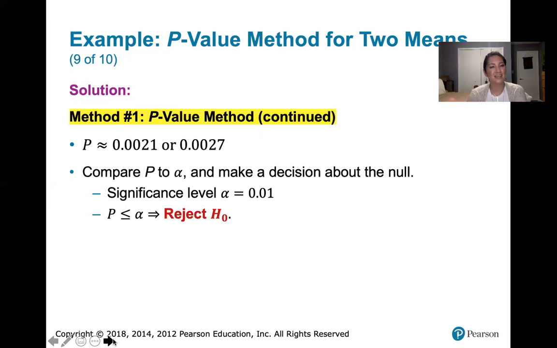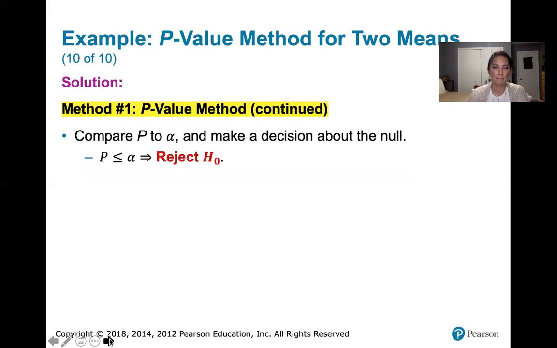So the chances of getting an x sub 1 bar minus x sub 2 bar like that are significantly low. They're very low, given that the null hypothesis is true. So if something that's highly improbable is happening, and we say that it's highly improbable because we're assuming that the null hypothesis is true, maybe the null hypothesis isn't true. So we're going to reject the null hypothesis.